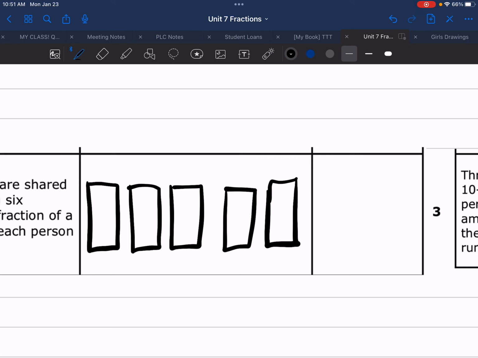So what I'm thinking is, since I have only 5, I need to break each brownie into 6 pieces. So let me get started doing that. 1, 2, 3, 4. 1, 2, 3, 4, 5.